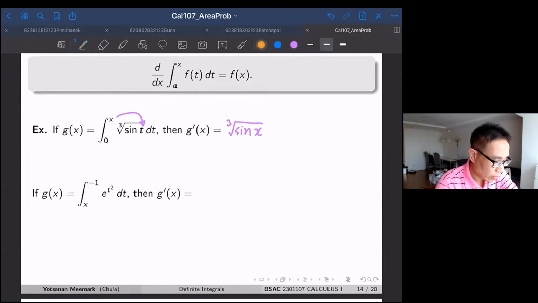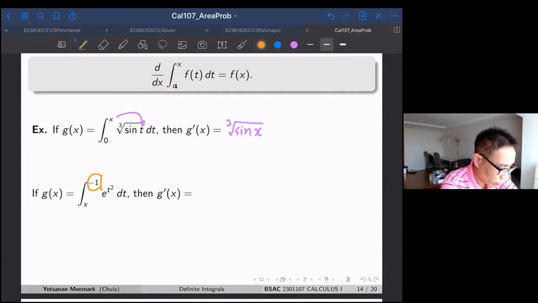For another one, you have g(x) equal to the integral from x to negative 1 of e to the t squared dt. From the formula, you need the integral from a to x, with a constant at the bottom and x at the top. Here you have x at the bottom and a constant at the top, so you can't apply the formula right away.